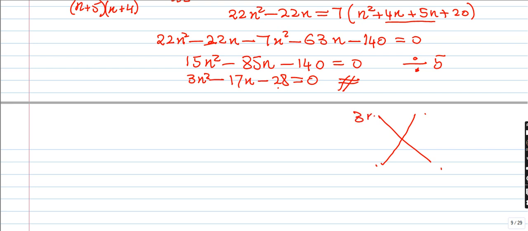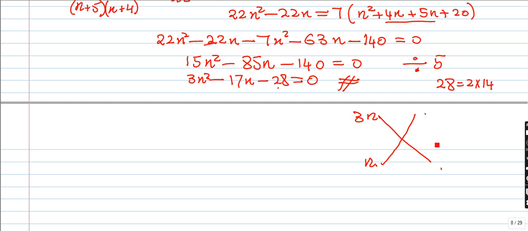So 3n squared could be factorized into 3n times n. The factors of 28 are 2 times 14. But if you write the 14 here, this is going to be too much, because 14 times 3 is 42, which is not going to add up to 17.